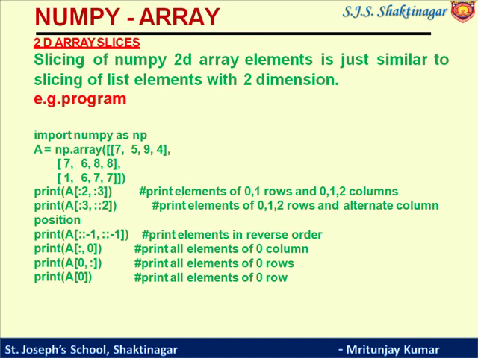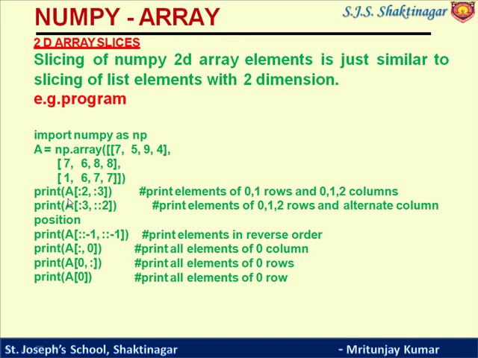Now we'll see 2D array slicing. Slicing of a NumPy 2D array is just similar to the slicing of list elements, with 2 dimensions. So let's see the program. Import numpy as np. A is equal to np.array, with the first dimension and second dimension, that is the first row, second row, and third row.